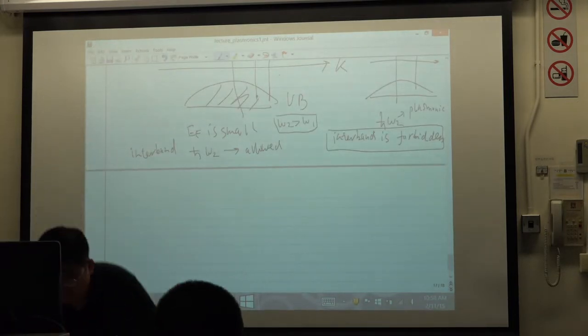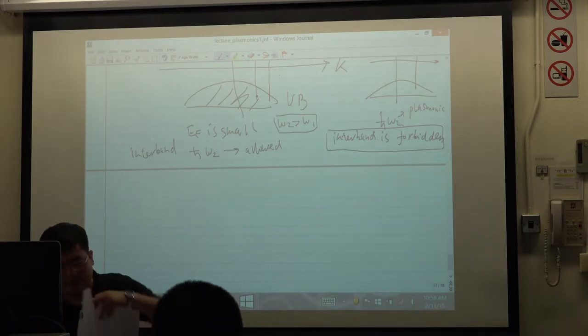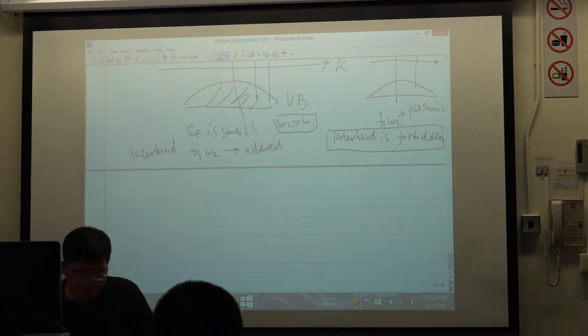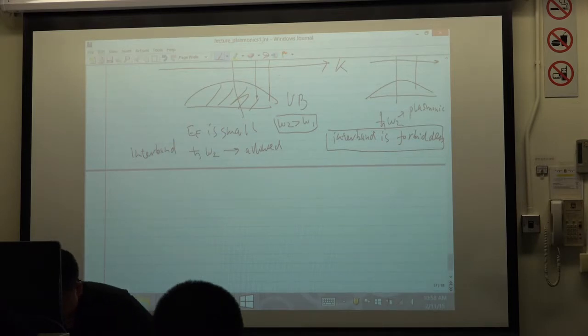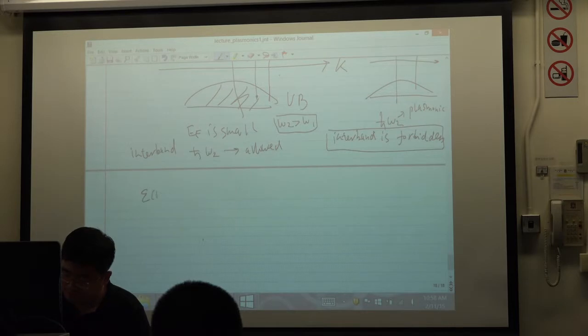Okay, so I finished the interband and intraband transitions. I know this Joule model and Lorentz model. It's better to draw this. This model is very famous.